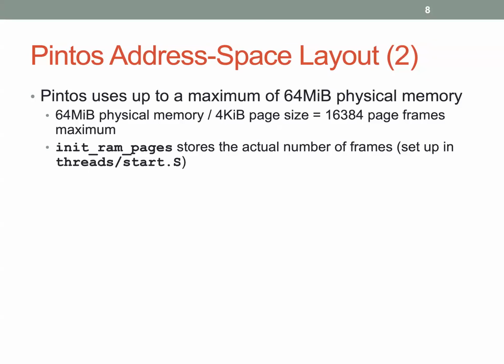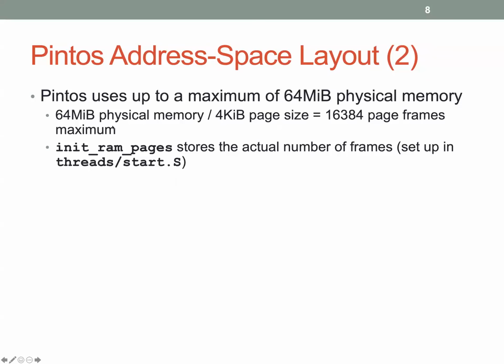Okay. I don't want anybody ever to hard code this 16384 into their programs. You should be referring to init_ram_pages, which is initialized in start.S to the actual number of page frames that are initialized in the system.